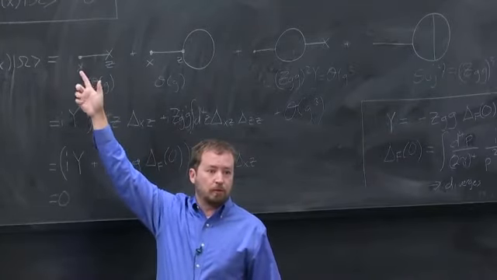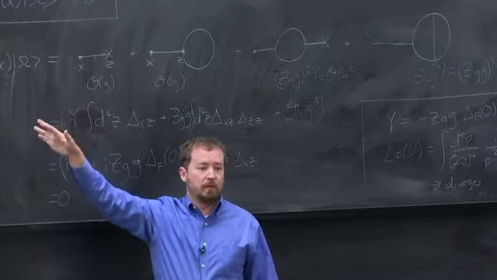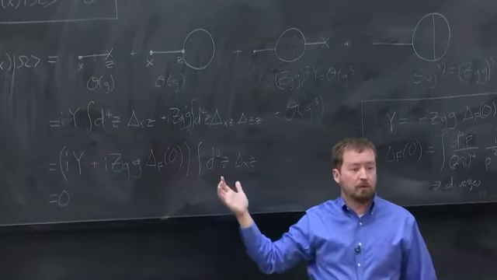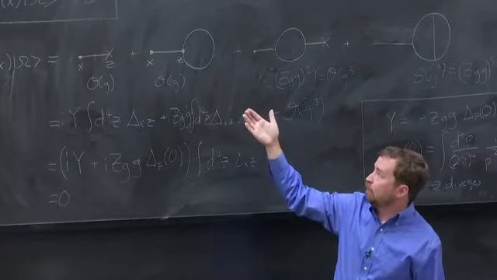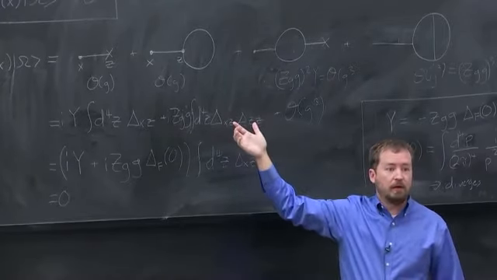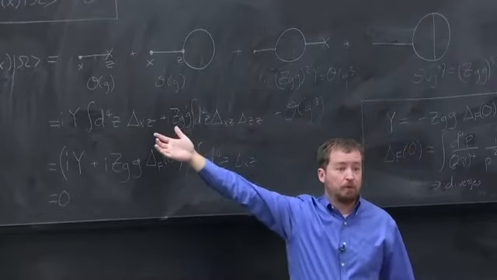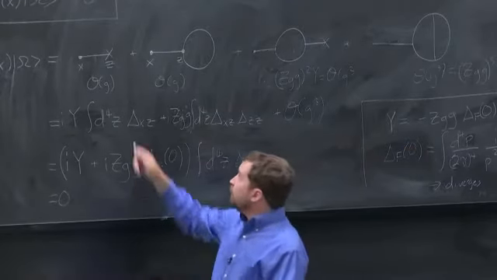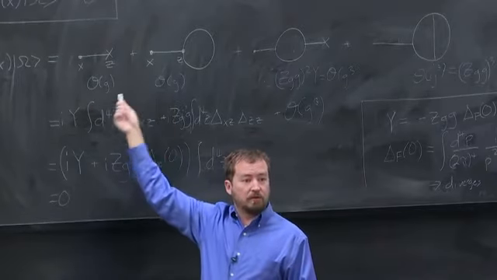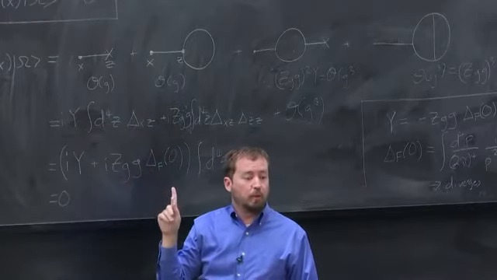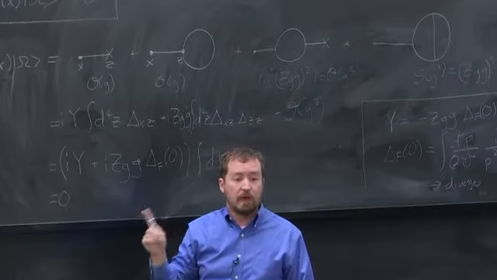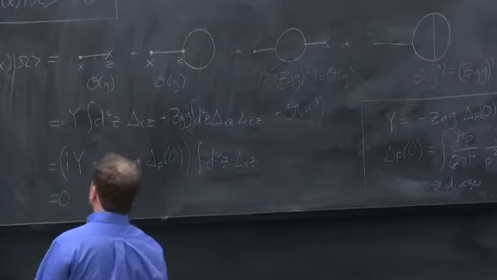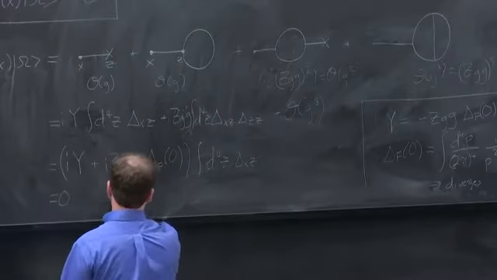If x was an internal point, connected to some other part of the diagram, the same factorization would work. So this cancellation will work not just for diagrams where x is an external point, it also works for x being an internal point. Diagrams that are connected to something else just by a single point are sometimes called tadpole diagrams. And so what this is saying is that tadpole diagrams cancel.